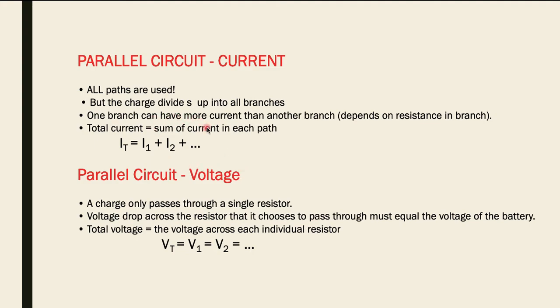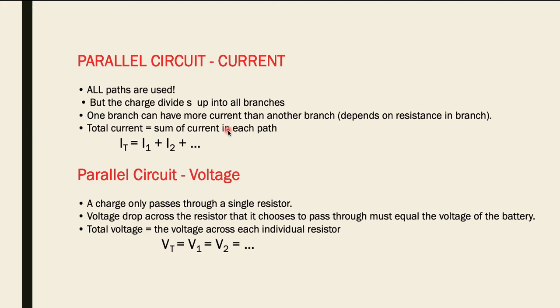One branch can have more current than another branch, depending on the resistance in the branch. Total current is equal to the sum of the current in each path. I_T is equal to I1 plus I2 and so on. If one branch has one current, the other branches may not have as much current. It depends upon the resistance in the branch.